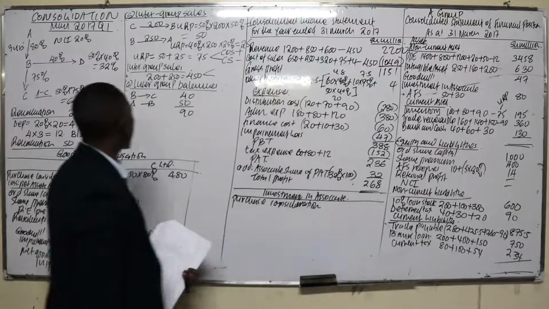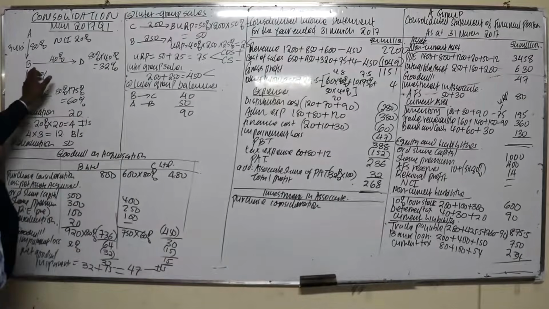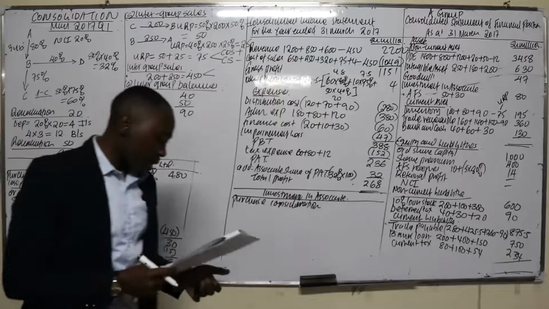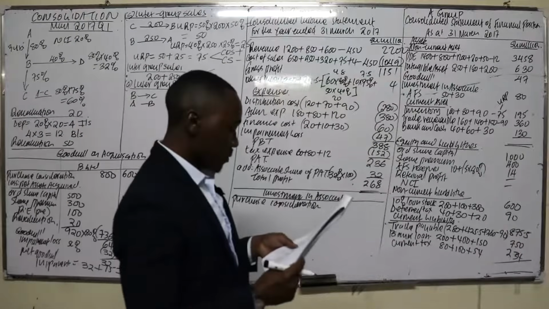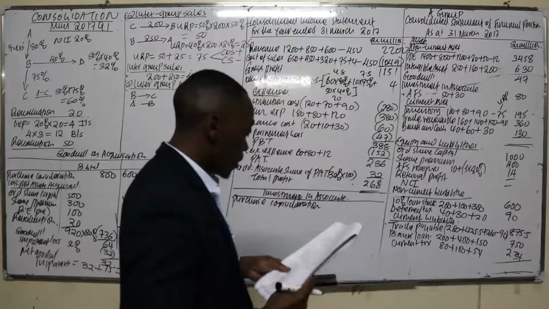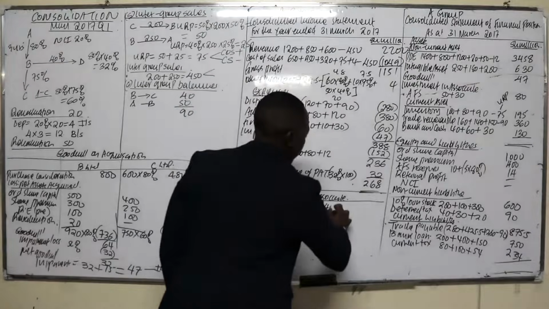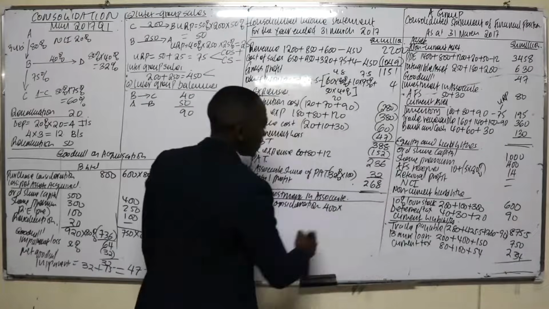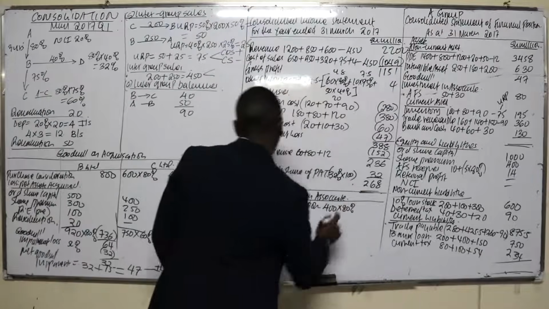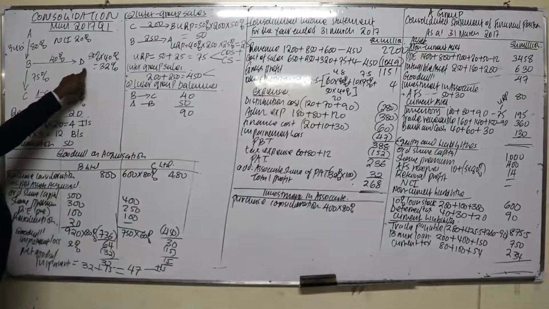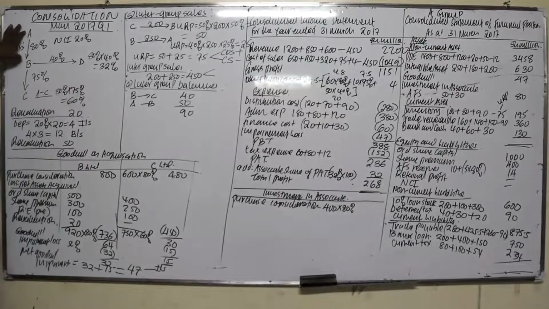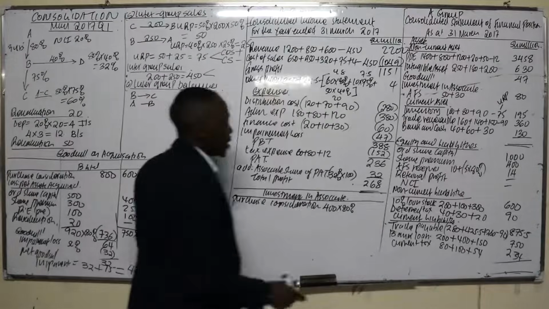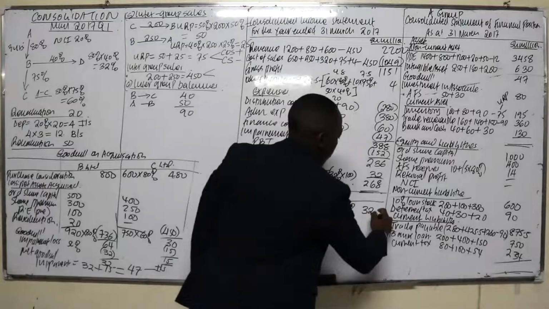B acquired D. So you go to the non-current assets where you have investment in D. It's 400. You multiply by 80%. B paid D 400, but it is the parent who is consolidating. So the parent contributed 80% of that, of which you get 320.